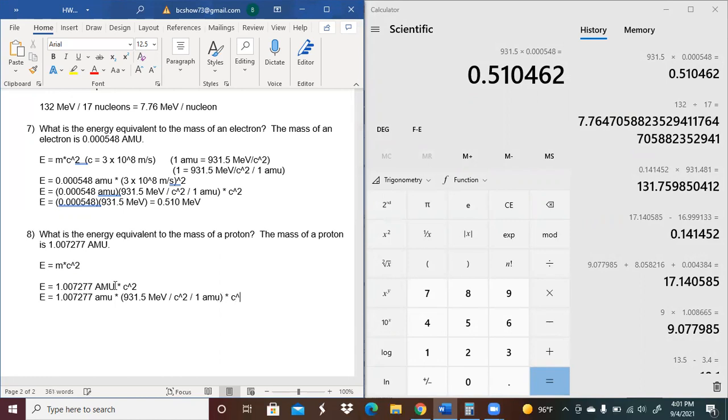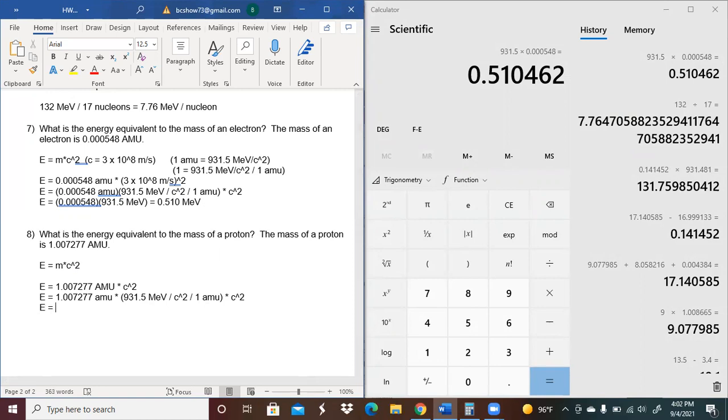And then that gets multiplied by C squared, because again I'm introducing the conversion factor. I'm multiplying so that I can get rid of the AMUs, keep the MeV, and get rid of the C squareds as well. It's a mess, I know, but that is what we're doing.